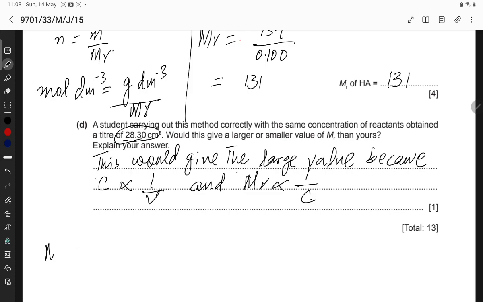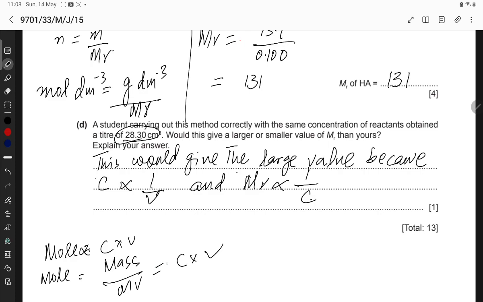We know that mole is directly proportional to concentration and to volume, while mole is equal to mass over Mr, or this is equal to concentration into volume. So concentration is inversely proportional to Mr. If we increase concentration, Mr is decreased.